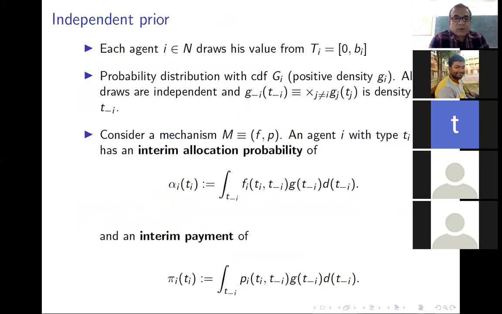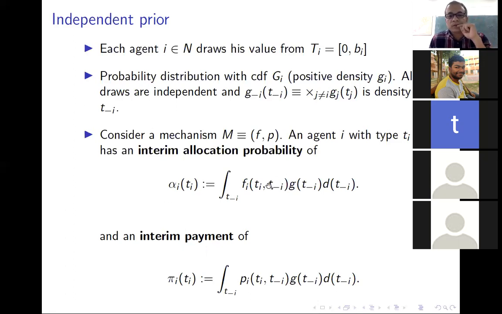Two things are going to be important, just like in the Bayesian incentive compatibility case. We know that we only need to worry about interim allocation probabilities and interim payments. So we know what these terms are. Given a mechanism f and p, the interim allocation probability of agent i with type t_i is the expected probability with which she will win the object if she reports type t_i and others report t_minus_i, where others are reporting truthfully.